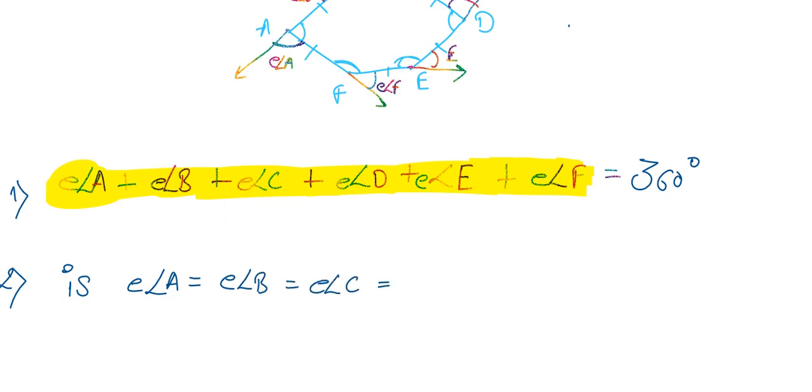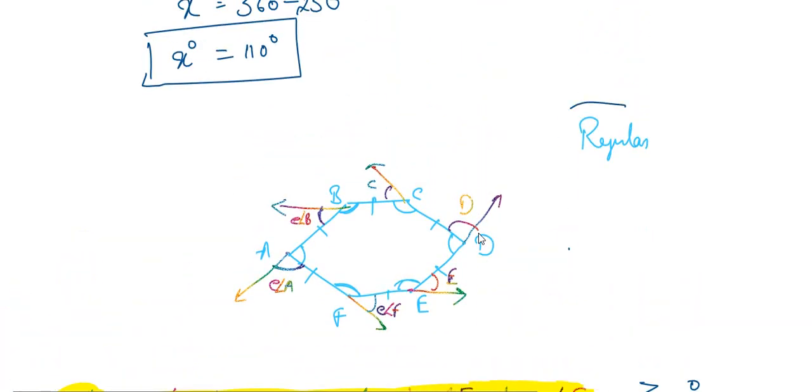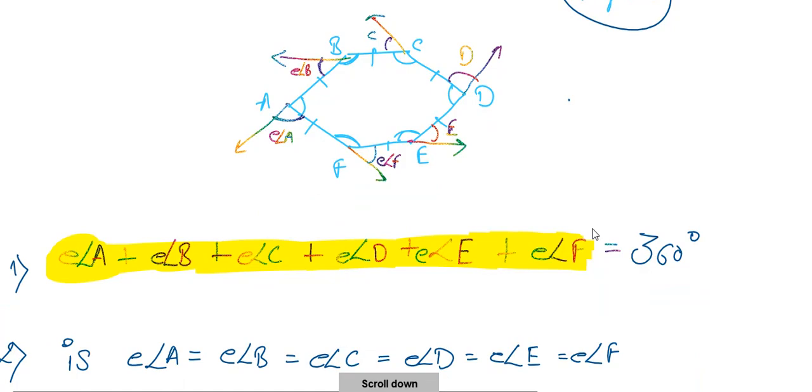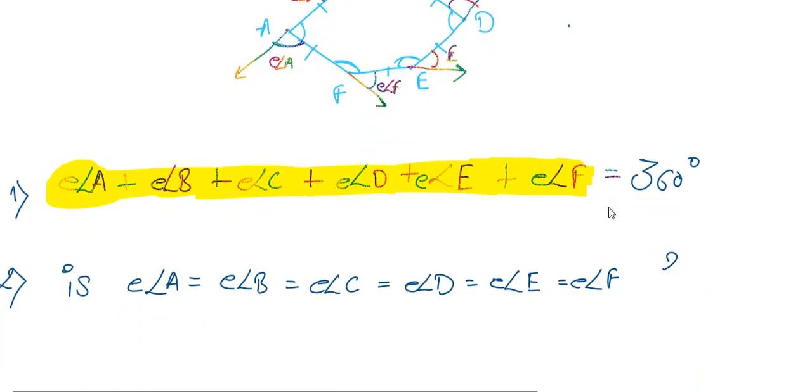Can you guess, are they equal, all my external angles? Let me give a hint. If you clearly observe, the key to be noted is regular. So it is my regular hexagon. Now think, what would be the answer?